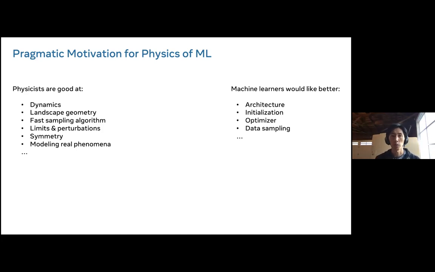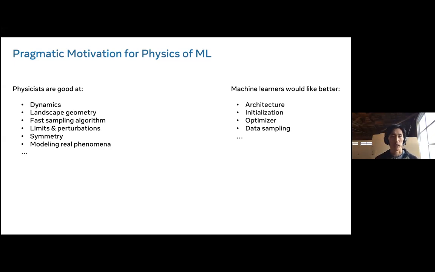But from my point of view, physicists are good at dynamics. Beginning from Newton, we have been studying the dynamics of things for centuries, so we have many techniques to analyze them or ways to think about them. And if you do glass physics, there are so many talks about landscape geometry, so maybe you can use that insight.